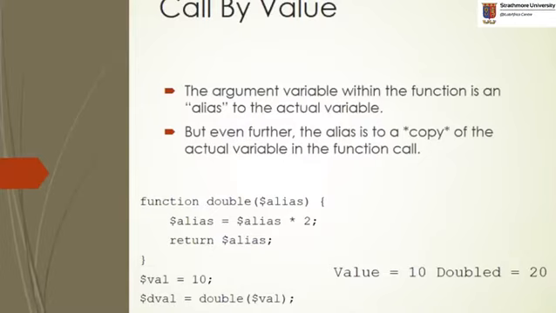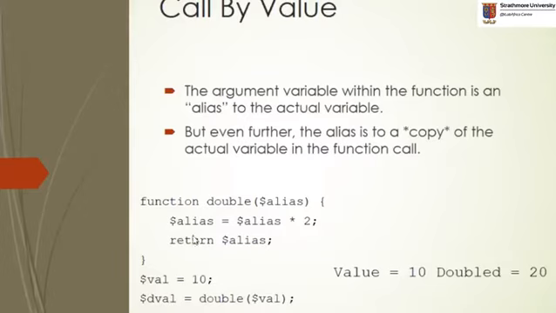So this method, which is called double in our example, receives a variable called alias. Now we are taking alias and assigning it the value of alias multiplied by 2. So let's say the value of alias that is sent is 10.